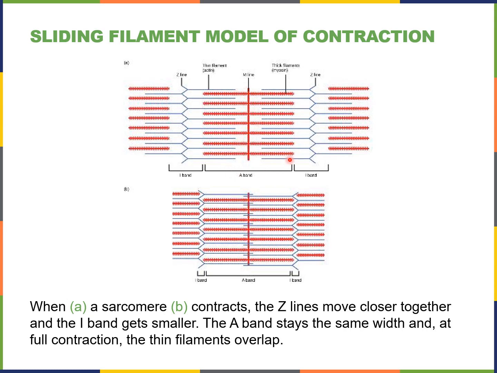Our A band in the middle stays the same width, but our I band right here, across this Z line, will get shorter as these contract. So you can see how it's shorter here when it contracted, and the A band has stayed about the same width.